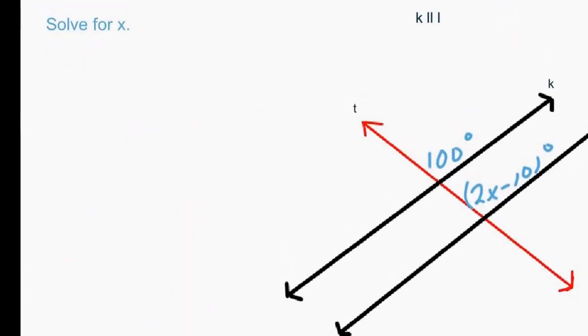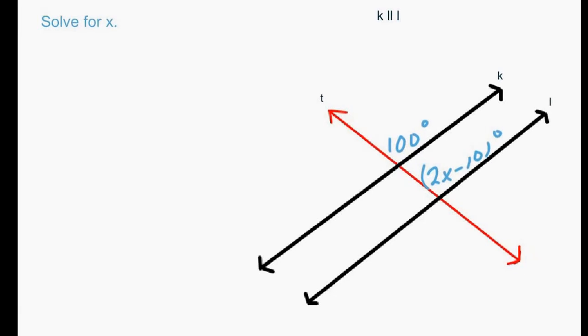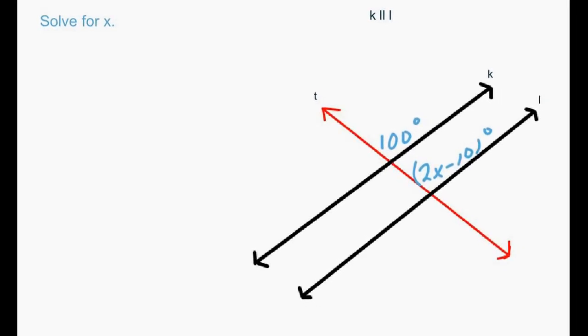All right, next one. We have a 100-degree angle and a 2x minus 10-degree angle. Both of these angles are on the same side of the transversal, and one's exterior, one's interior. So they're not same side exterior or same side interior.